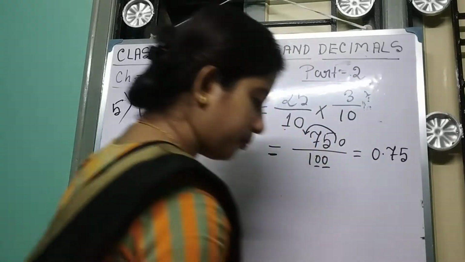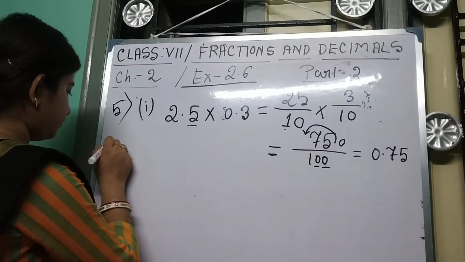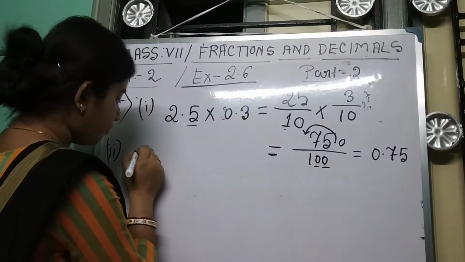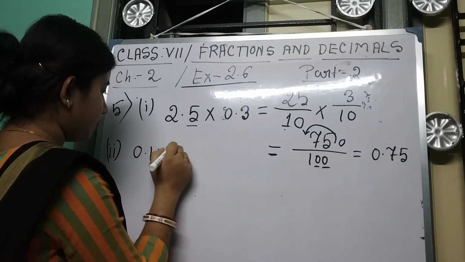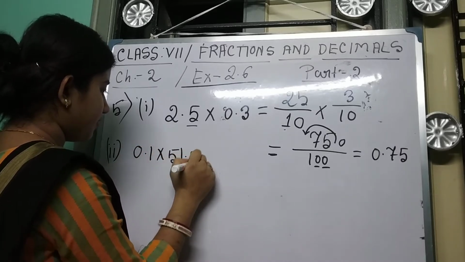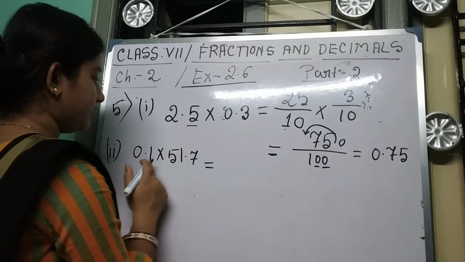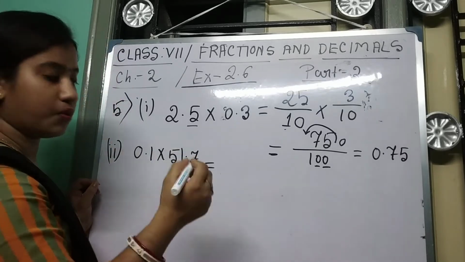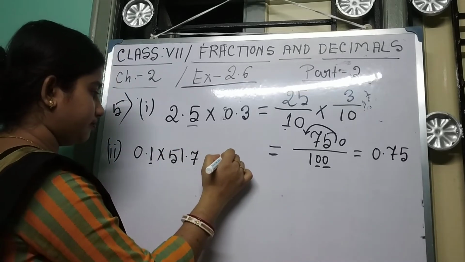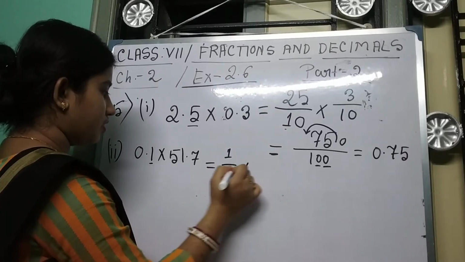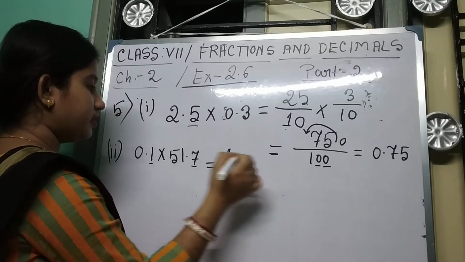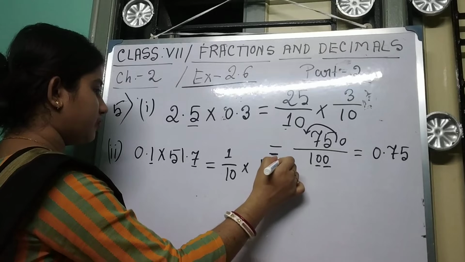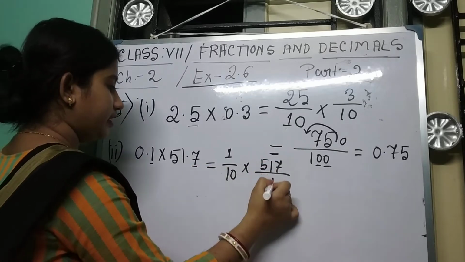Now next number 2. Here given 0.1 into 51.7. First we write 0.1 as 1 by 10, and 51.7 as 517 by 10.